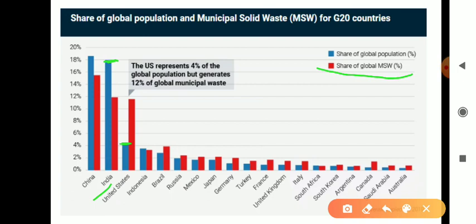And if we talk about the share of global municipal solid waste, they have an equal value, means 12%.